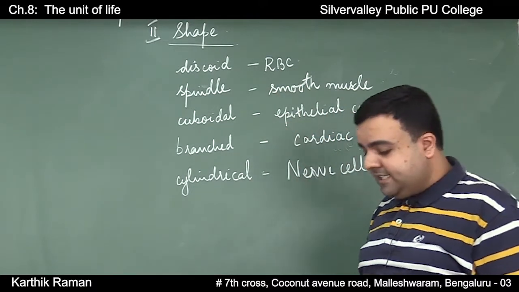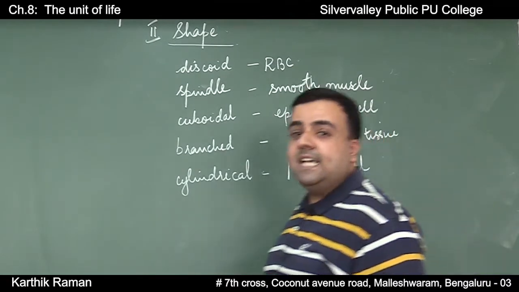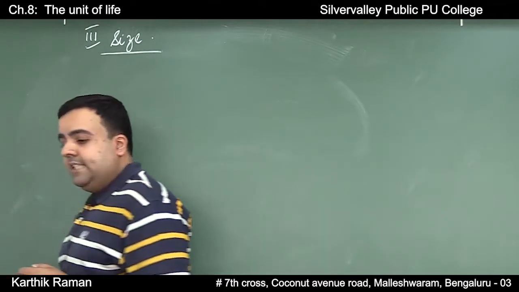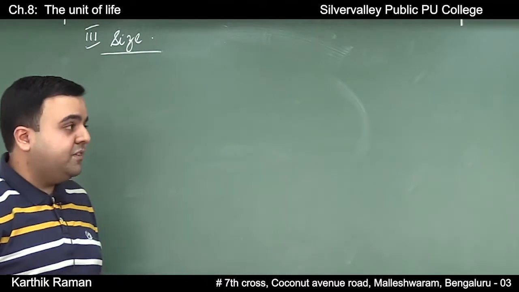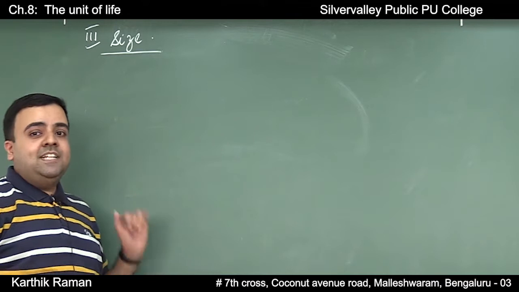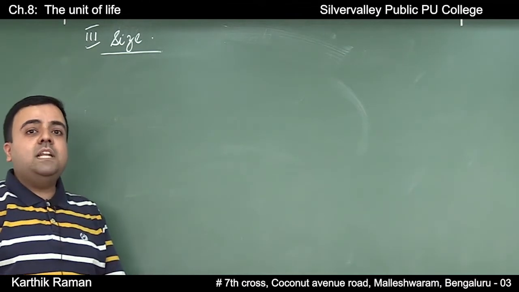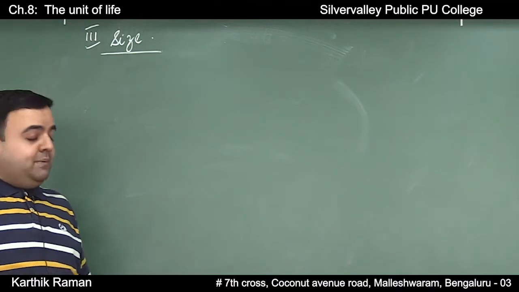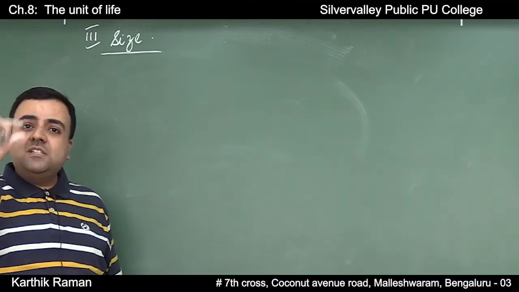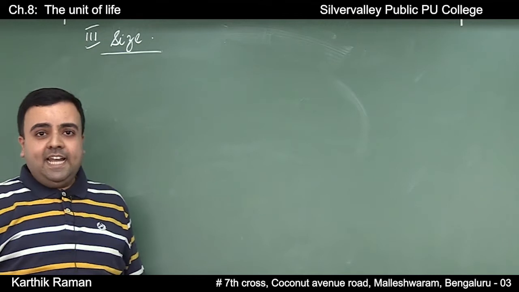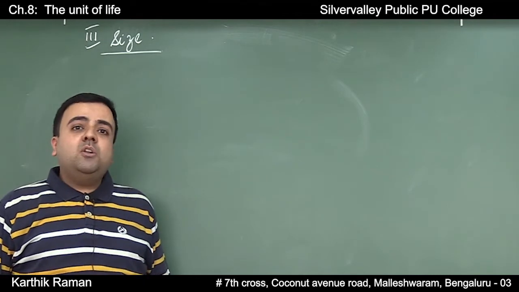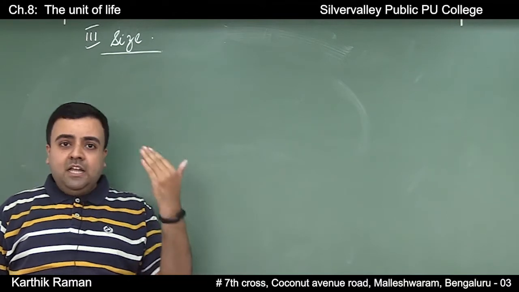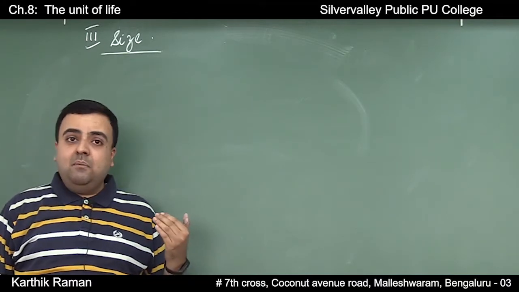Now, the most interesting concept is going to be the size of the cell. This is actually a very interesting concept because here we now understand what could be the shape, what could be the size of the cell and what is the smallest size it can attain. Now, as we all know, the cells can be microscopic, that is not visible to the eye. They are going to be visible only under the microscope.